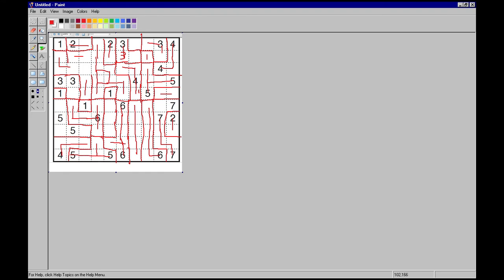And then these have to be separated, and this can't be a 3-omino because it touches a 3. And this vertex does that. And then these have to separate for this vertex. And this vertex requires that. And there we go. We have solved the Fillomino.